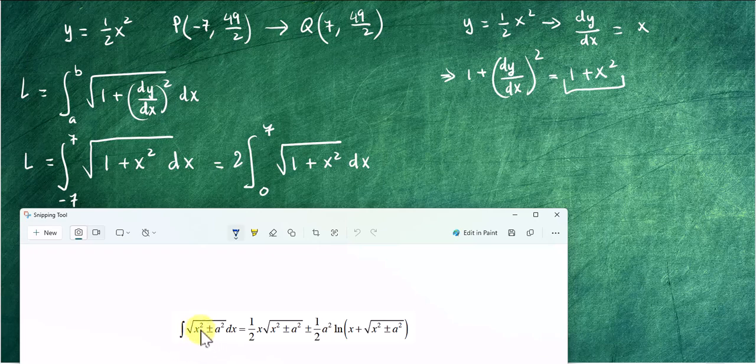The integral of the square root of x squared plus or minus a squared. In this case, our a is just number 1.